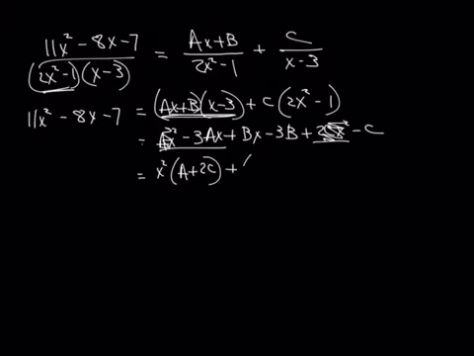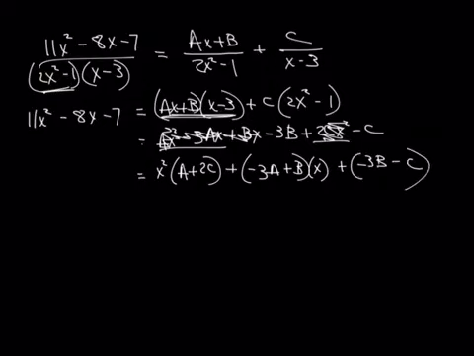And then we've got our negative 3a plus b times x. Okay, so we pulled out an x out of this and this, so those go away. And then we've got plus a negative 3b minus c. You can't pull anything out of there. Okay? Then we go back, and we've got 11x squared minus 8x minus 7.